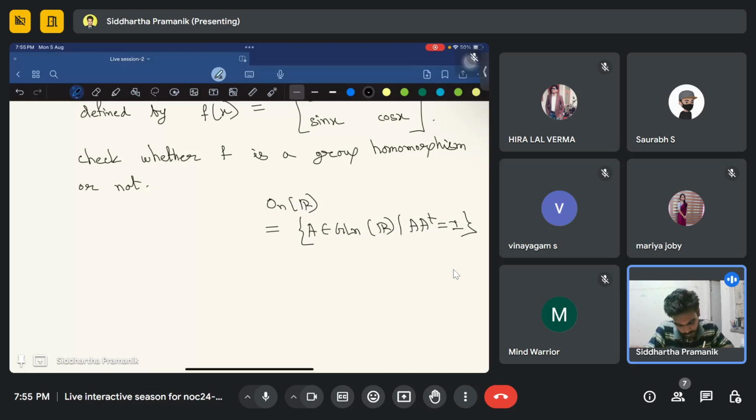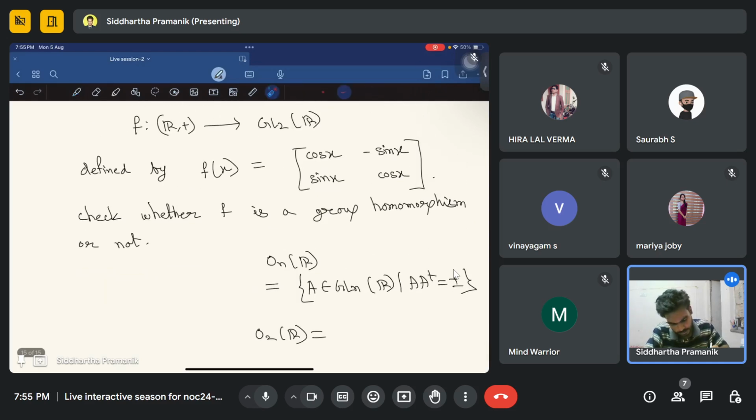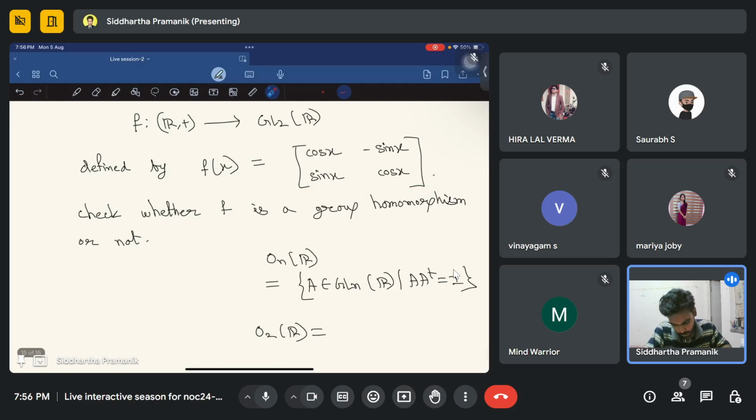In case of n equals 2, the set O_2(R) looks exactly like these matrices. This is one fact you can find out by yourself. So 2 by 2 orthogonal matrices have this form, consisting of rotation matrices and reflection matrices. That is just for additional knowledge, but the fact is this will be a homomorphism.